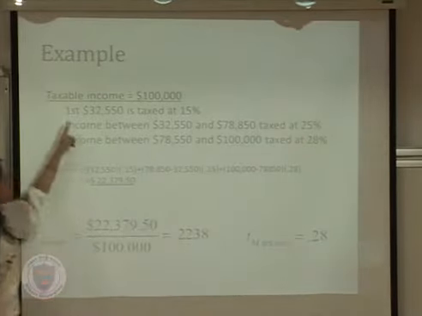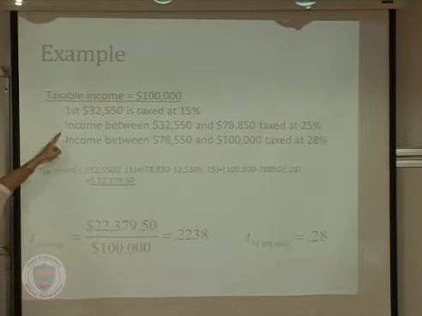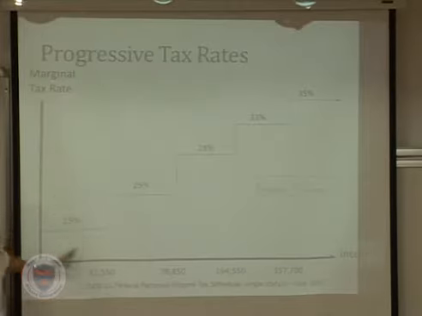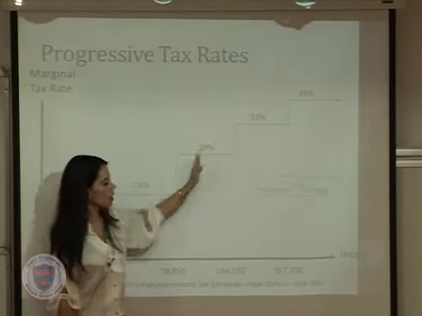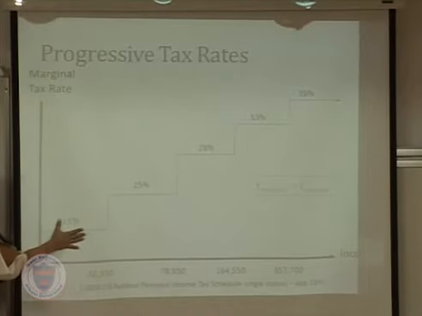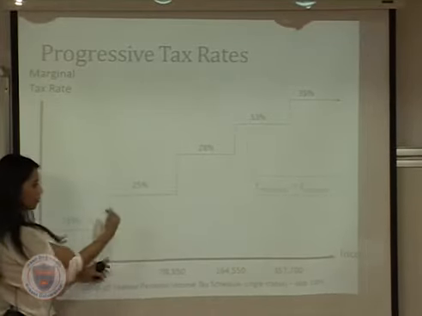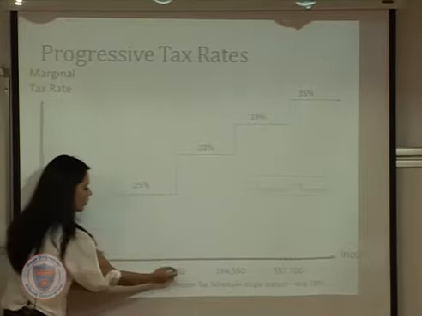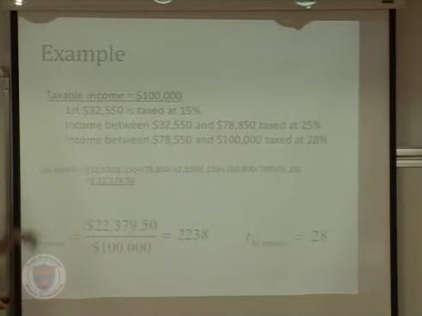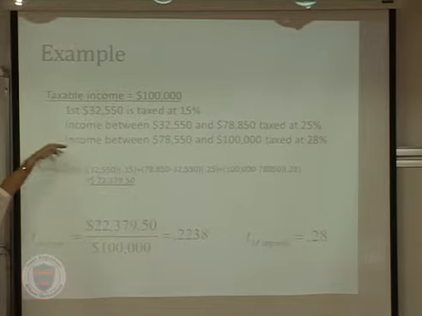Here, your taxable income is $100,000, and this is a personal income example. I know that for the first $32,000, I will pay 15%. Whatever I have on top of it, I'm going to pay 25%. Whatever I have on top of $79,000, I'm going to pay 28%. So the first $32,550 is taxed at 15%, then 25%, then 28%, as the graph says.